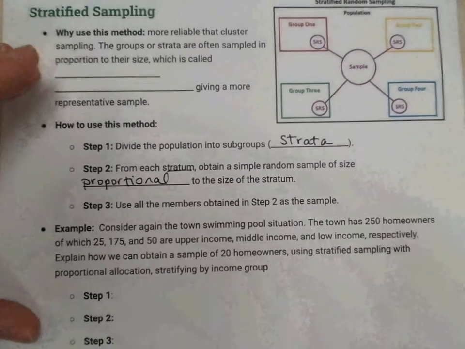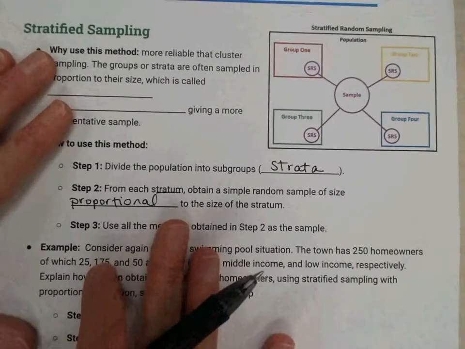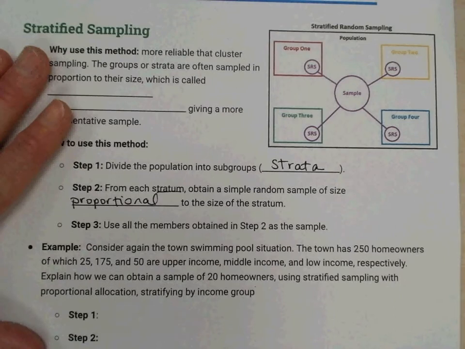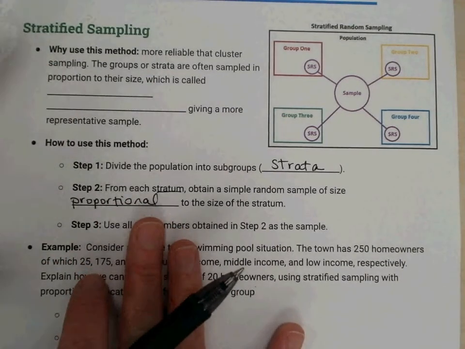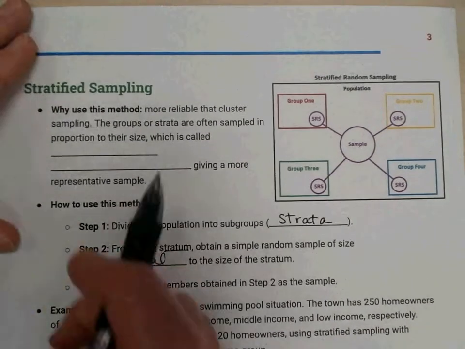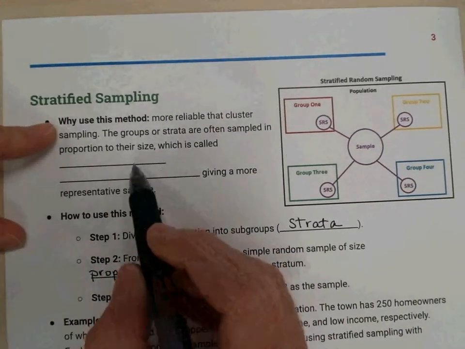So if you have a really large program like at School of the Arts, visual arts is really large, and the dance program's a little smaller, so this would say we need to sample more visual artists in order for that to be proportional than the dance program in order to be stratified, and with proportional allocation, which is what we're going to fill in here.